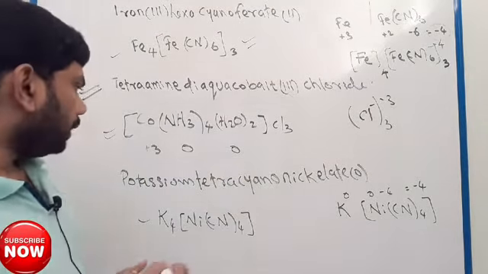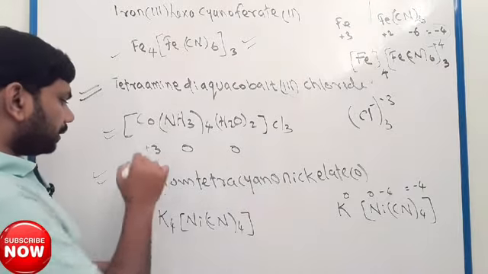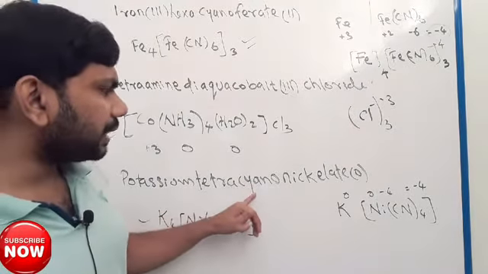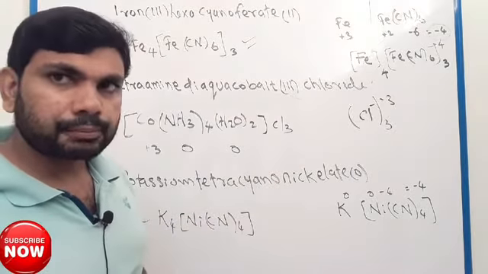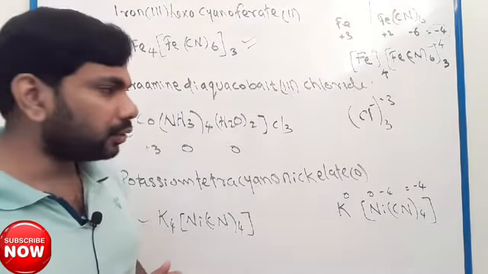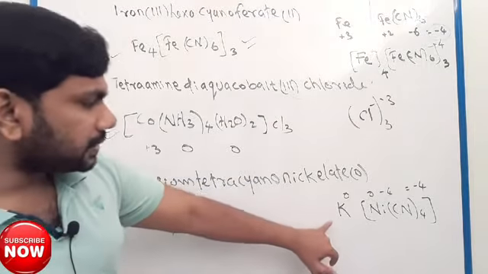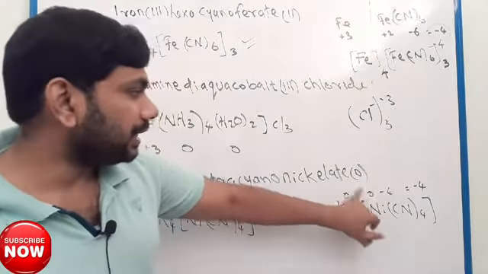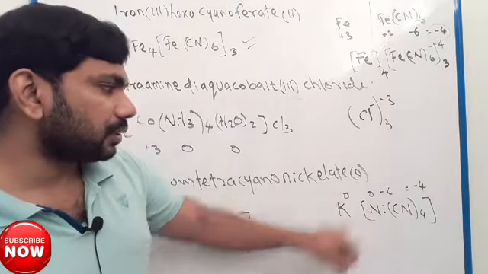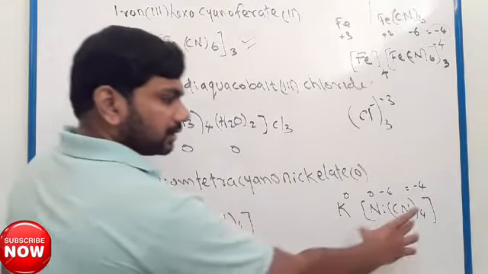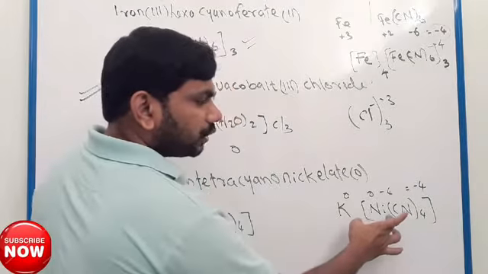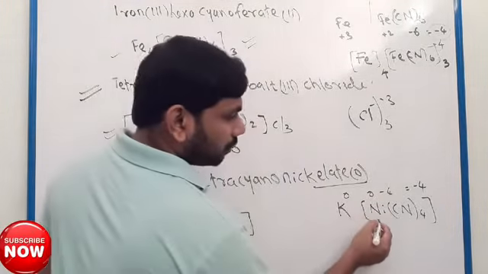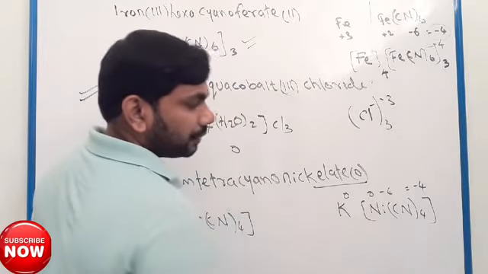Clear? Here the last example: potassium tetracyanonickelate. Potassium tetracyanonickelate. So there is potassium, and tetracyanonickelate. Nickel's charge is given as 0. So this part, tetracyanonickelate, the charge of nickel is 0.